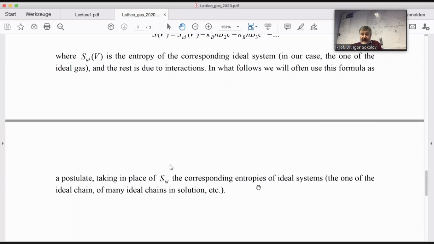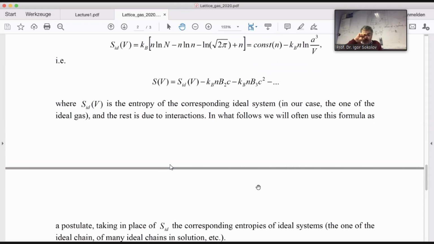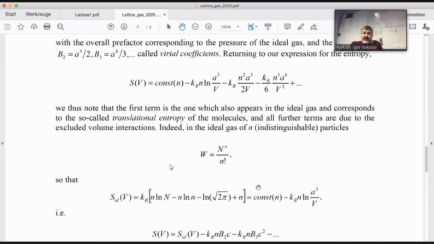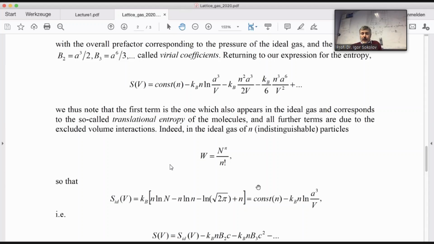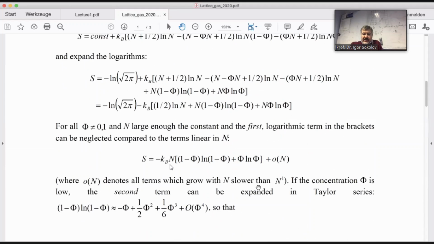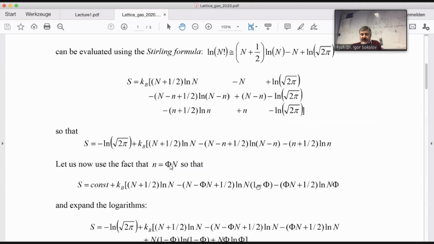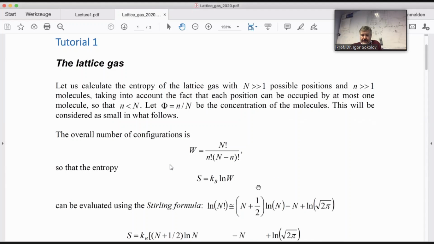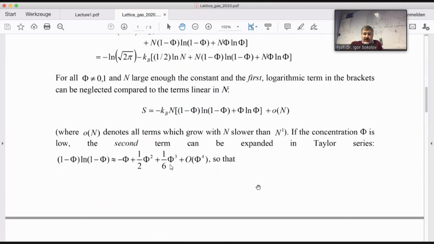And we will use this universal property, for example, when considering also the polymers, where we will say we start from an ideal chain as an ideal system and then look at the corrections. Because we didn't show it, but this kind of expansions essentially work universally, and I wanted to show it here just on the simplest example. Now, what I will do will be to modify it and to make exactly the same notation as in the lecture. I will also do another thing.